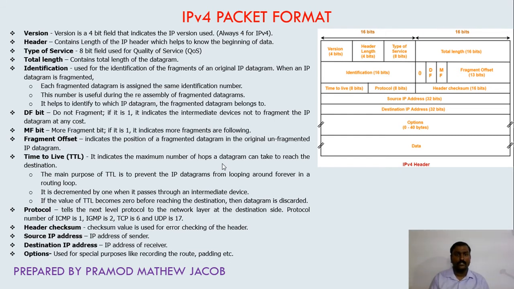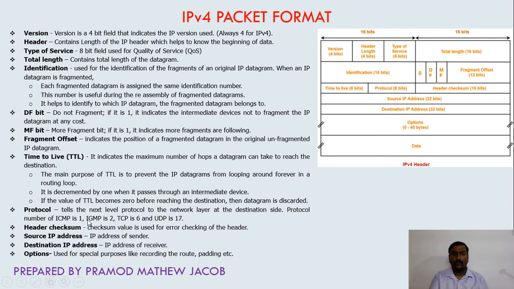So this can be used for preventing the IP datagram from looping around forever in a routing loop. How this is achieved is, it is decremented by 1 when it passes through an intermediate device or a node. If the value of TTL becomes 0 before reaching the destination, then the datagram is discarded.